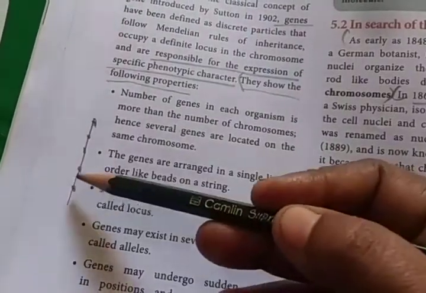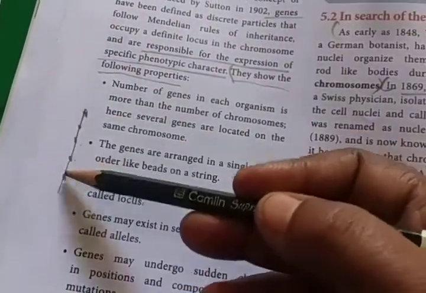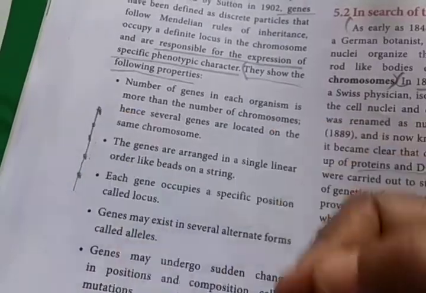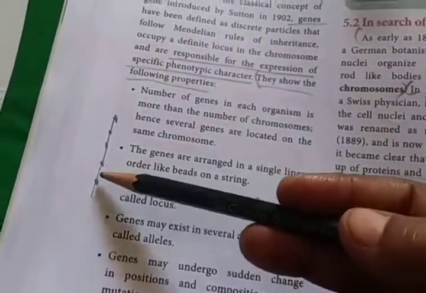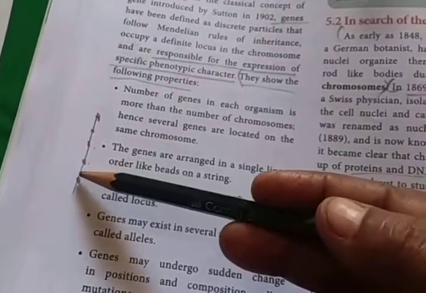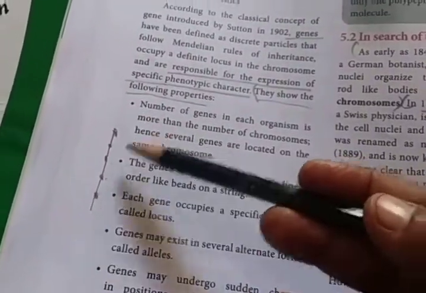This position is known as the locus. So the genes are located at specific loci in a chromosome.